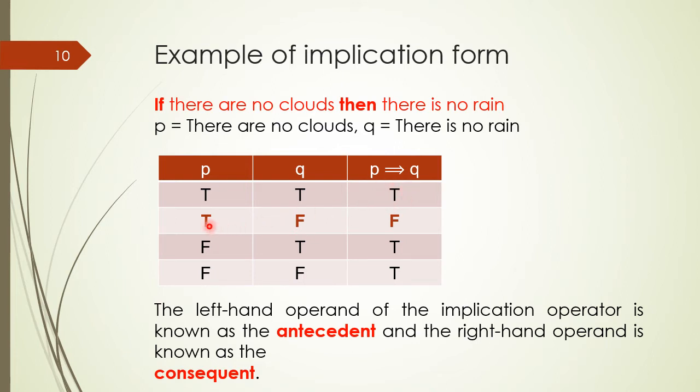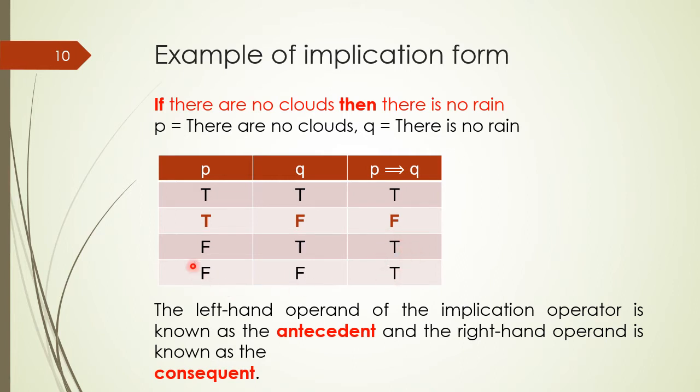And if there are no clouds and there is rain, this phenomenon is wrong, and logically its truth value would be false. And if there are clouds, the statement says nothing about what would happen, therefore the default truth value for the conditional statement is true.